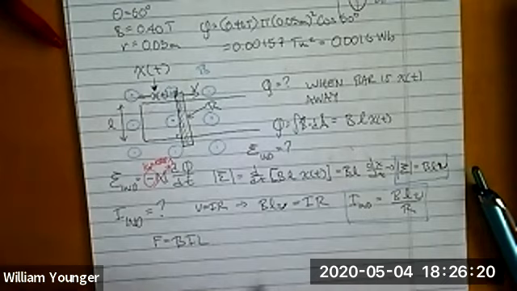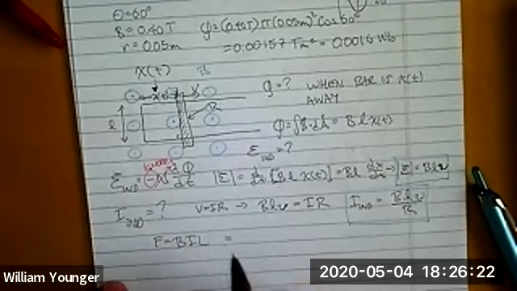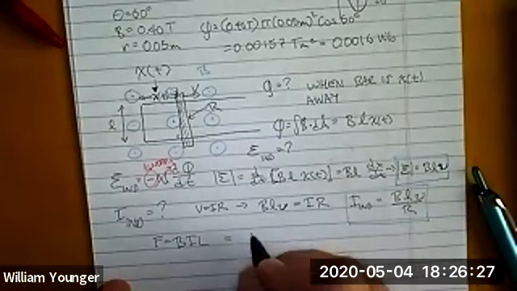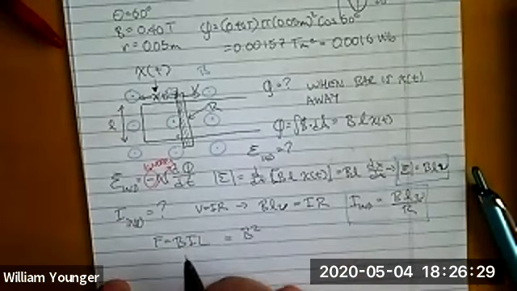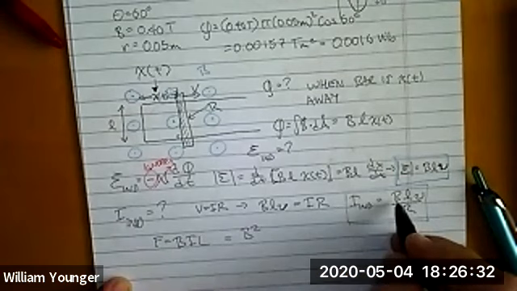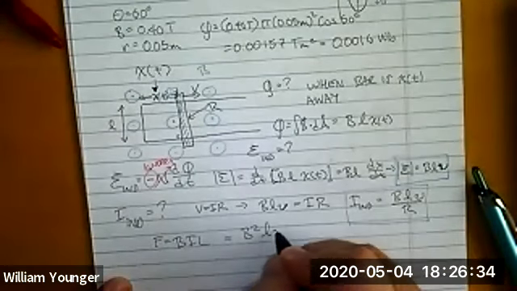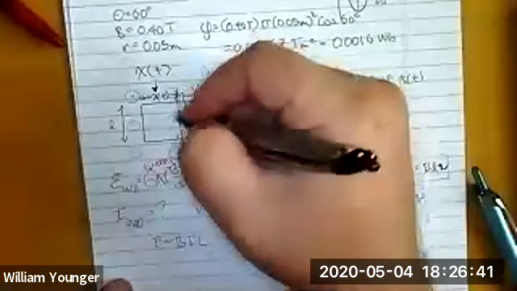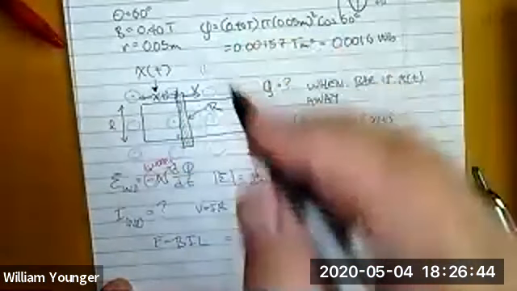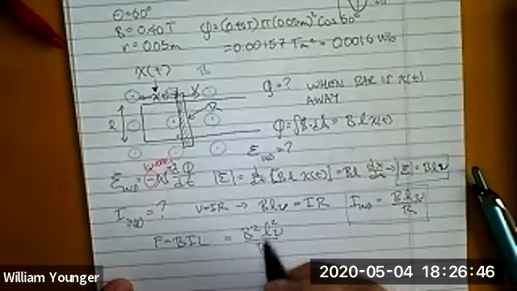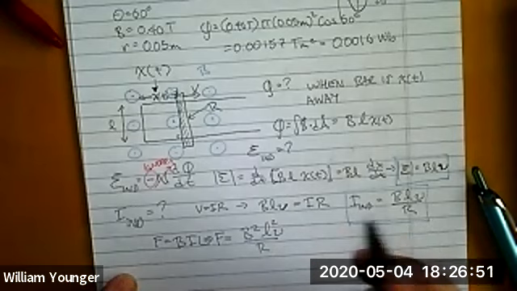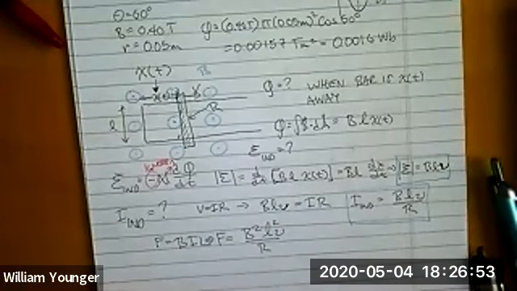So I can now say, oh, the force will be B times I induced, so that gives me a B times the B I already had, that's B squared. I induced, again, I'm using B already, so it's Lv over R, okay? But now I need the length of the actual bar that's carrying the current, and that's just a plain L, so I'll put an L squared there as well. So I can say F is equal to B squared L squared v over R.